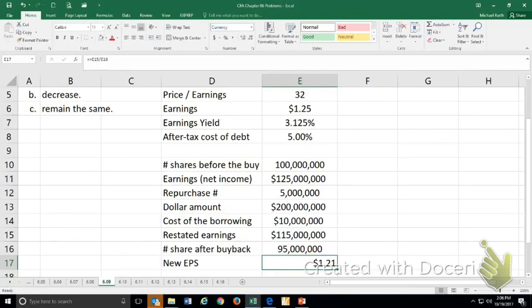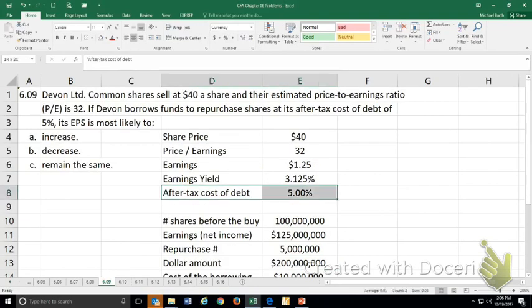And you can see the earnings per share actually went down. Anytime you have the cost of raising the money higher than the rate that the money is currently earning, you're going to have a dip in the earnings per share.